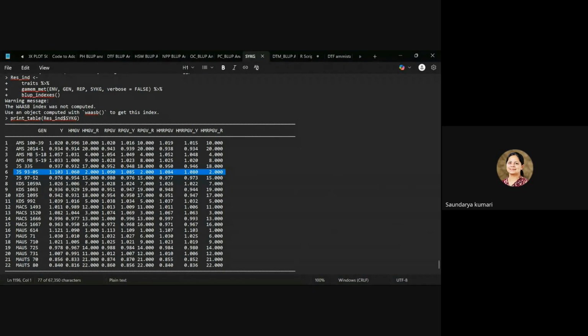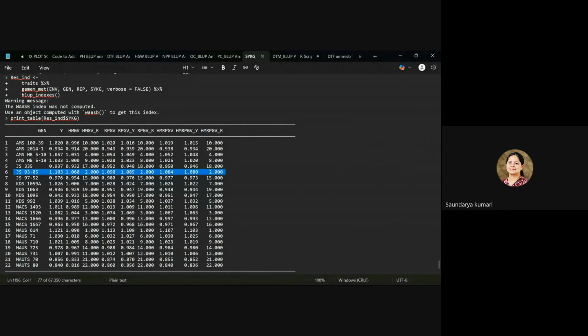MAUS 614 is the top performer in your lot, that's why the rank is 1. The rank is 1 because the performance of 614 is on the higher side.